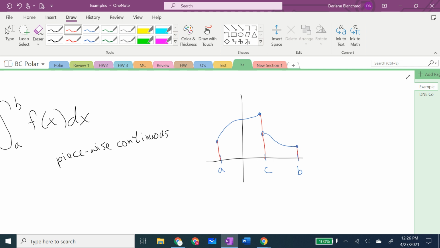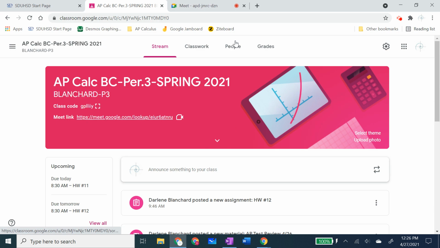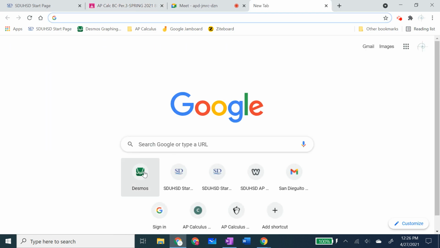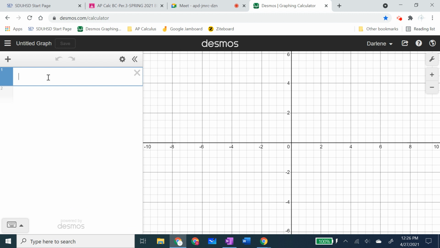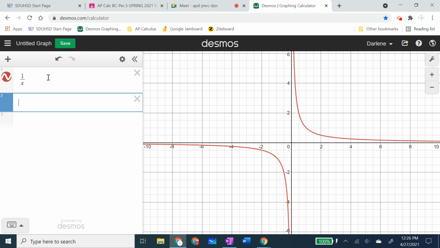And let me actually refer you again to Desmos. I think I had done this with you guys before, but I don't recall off the top of my head.